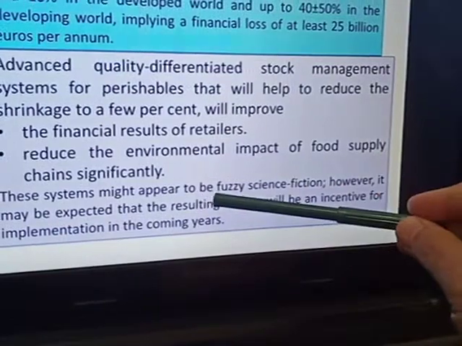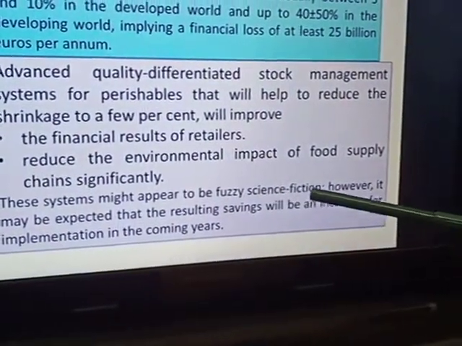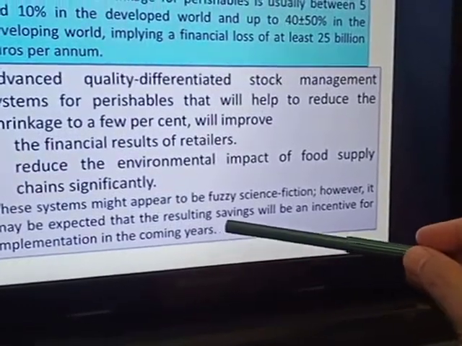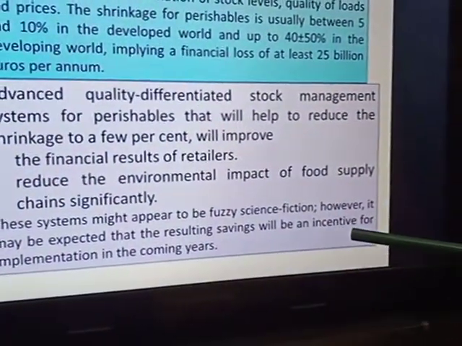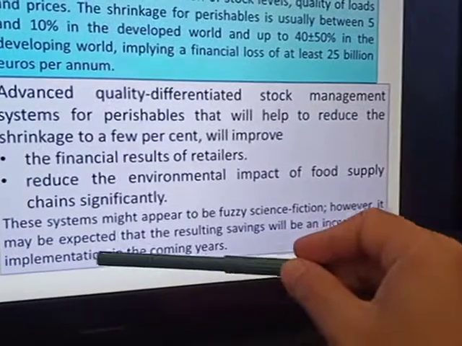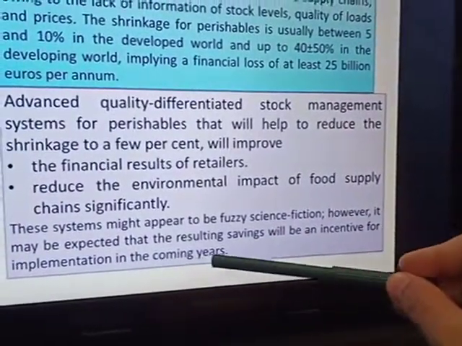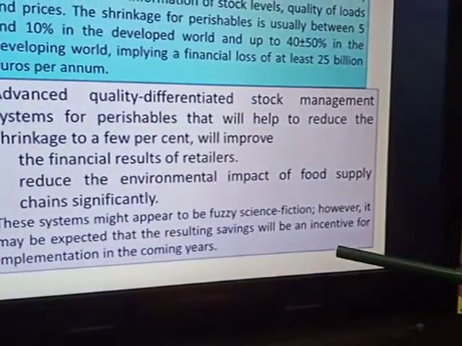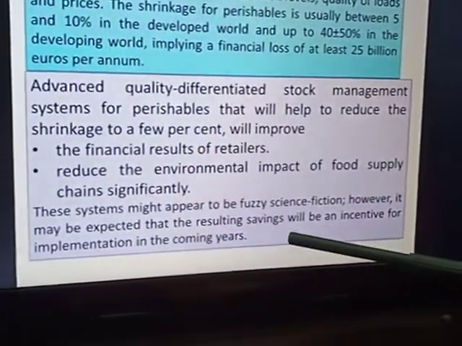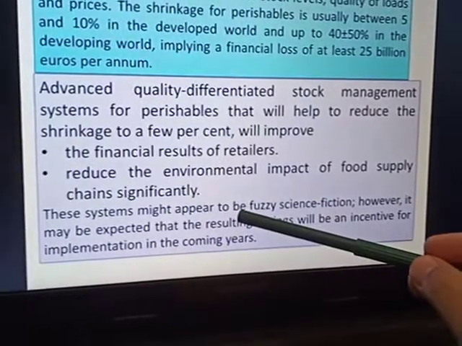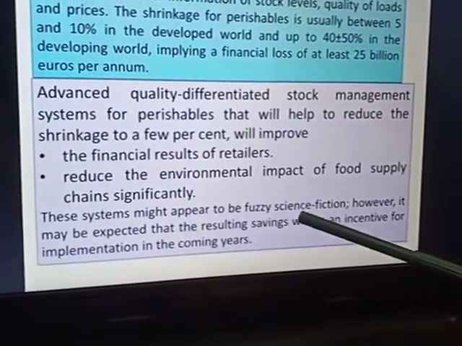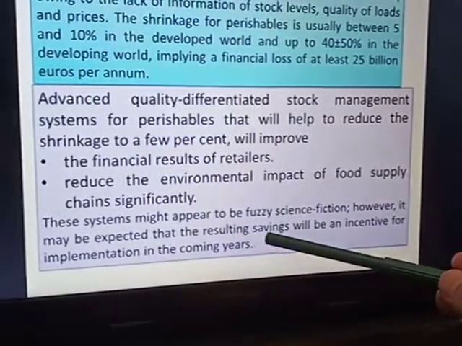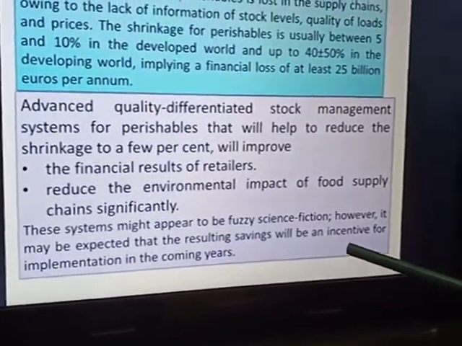This system might appear to be fuzzy science fiction. However, it may be expected that the resulting savings will be an incentive for implementation in the coming years. Now, this statement was provided by the author in the 1990s. This was still thought to be fuzzy science fiction, but nowadays in 2020, this is fully applicable.